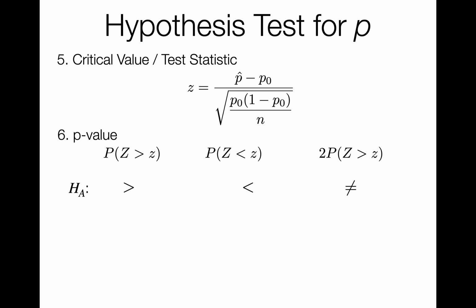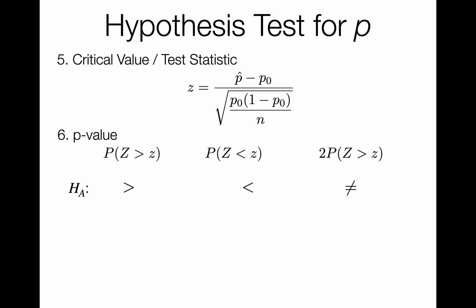You'll notice that the inequalities inside the probability statements above match the inequalities in the alternative hypothesis, except for the not equal sign. There I have to multiply the probability by 2, because things can be off in both directions. It can be a lot larger than I thought it was, or it could be a lot smaller than I thought it was.